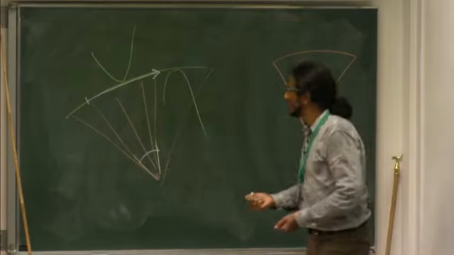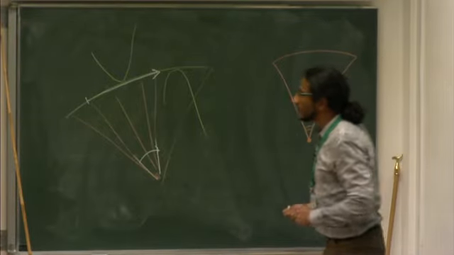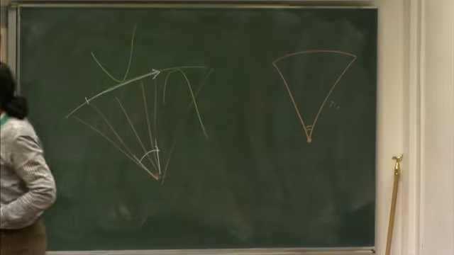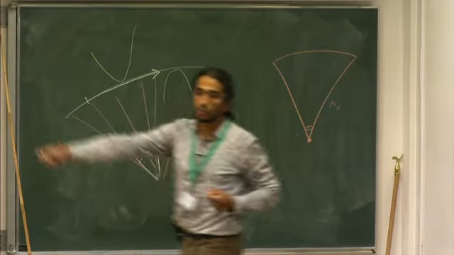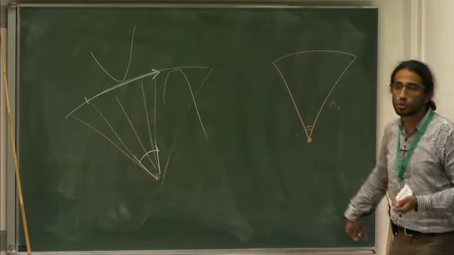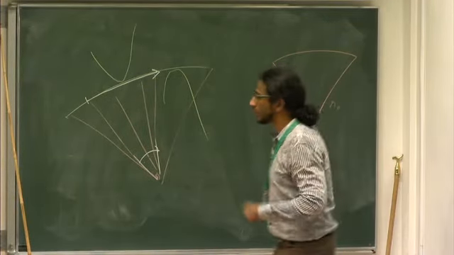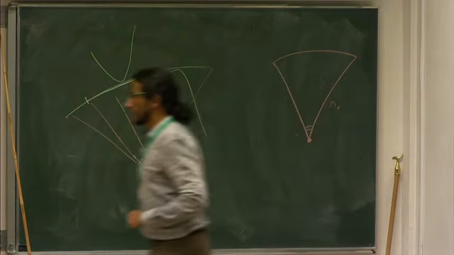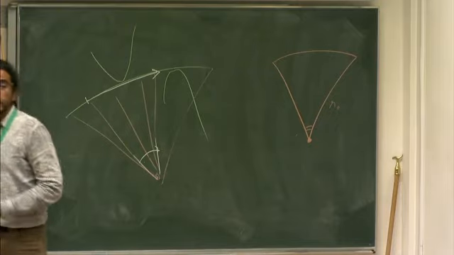And if you take a sufficiently strong pseudo-Anosov, or a high power of a pseudo-Anosov, this angle is larger than 2 pi. And this will play a role.